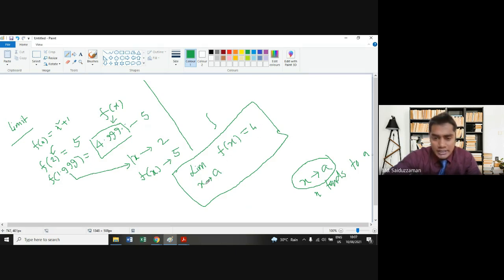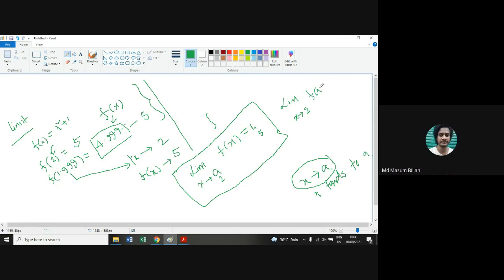It means when x is very closer to a or x approaches a, then functional value will approach L. Like this. Here, if you consider 2, and it is 5, like the previous example, then what will be the expression? Limit x tends to 2, f of x is 5.